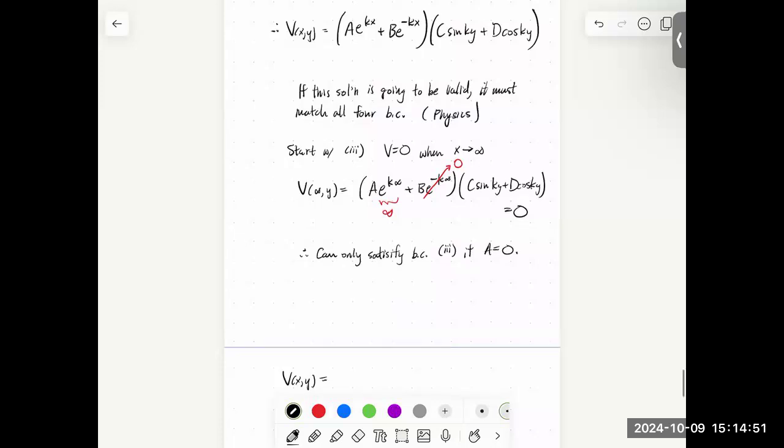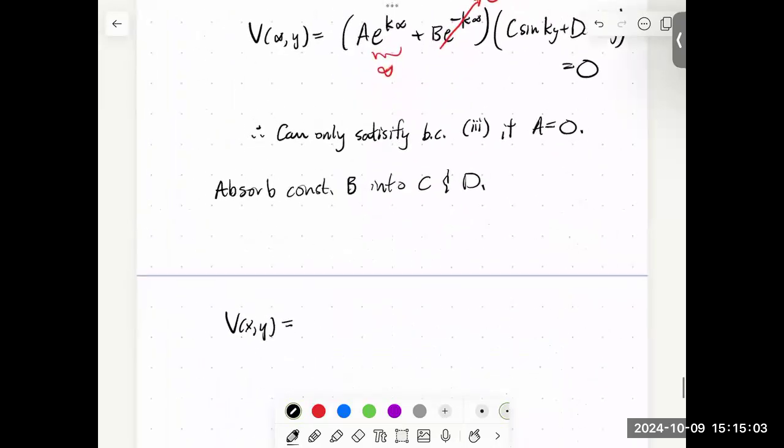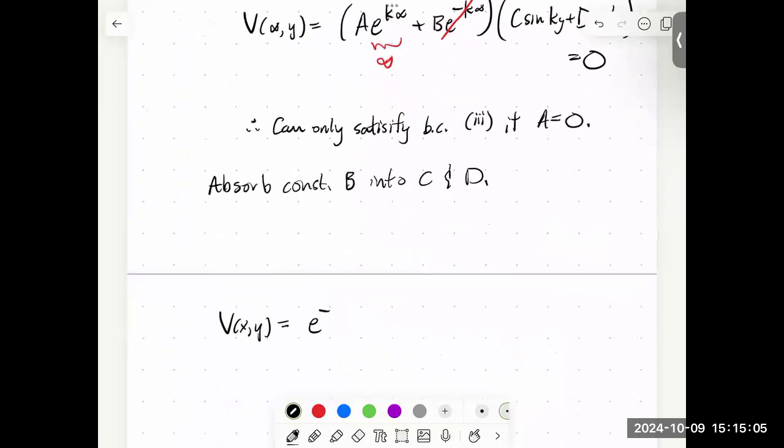So I can absorb the constant b into c and d. All right. So if I did that, we would get e to the minus kx times c prime times sine ky plus d prime cos ky.